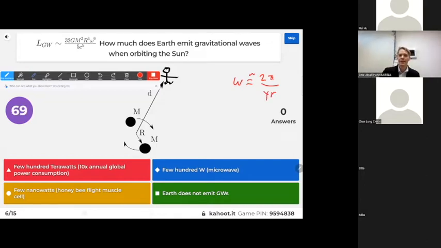We know that the Earth goes around the sun once a year. You can use, for example, Wolfram Alpha to compute this. The possibilities are 10 times annual global power consumption, a microwave oven, honeybee flight muscle cells, which would be a few nanowatts, and the fourth one is that Earth does not emit gravitational waves.